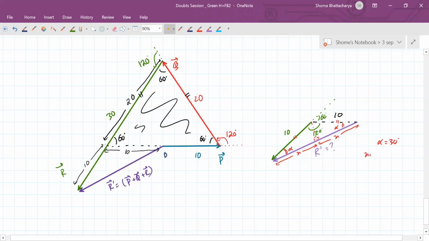So x will become 10 cos 30, because you can see in that diagram cos 30 is equal to x by 10. So x is becoming 5 root 3. So therefore now R prime is 2x. So R prime is becoming 10 root 3. So the magnitude of P plus Q plus R is 10 root 3.